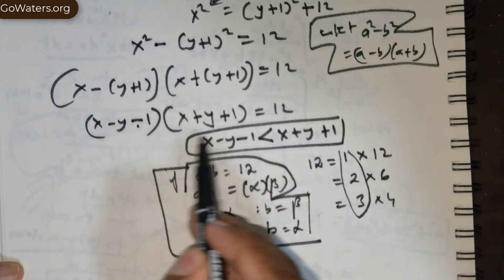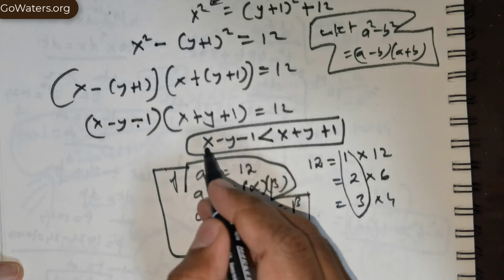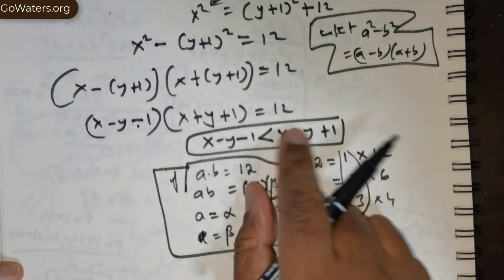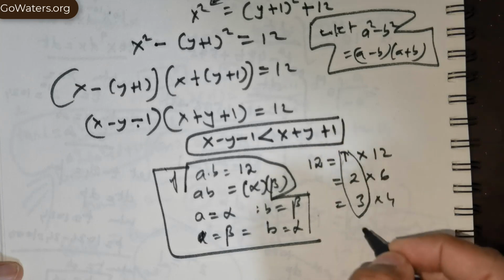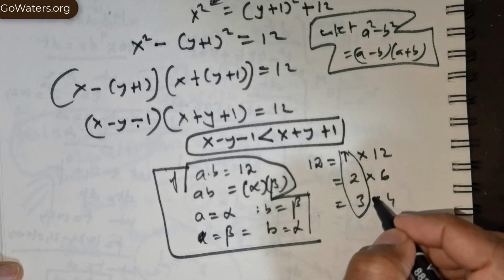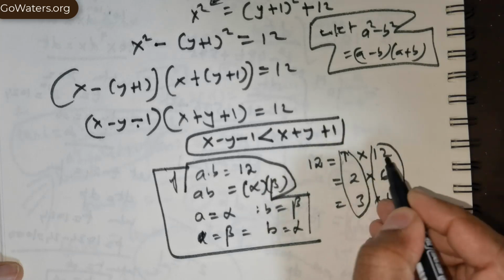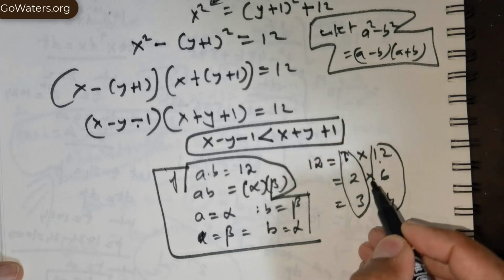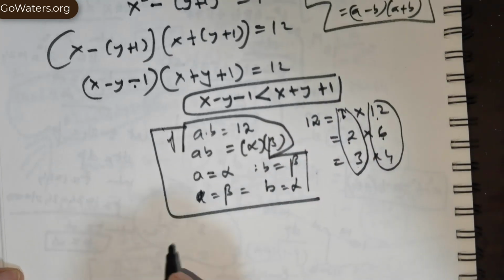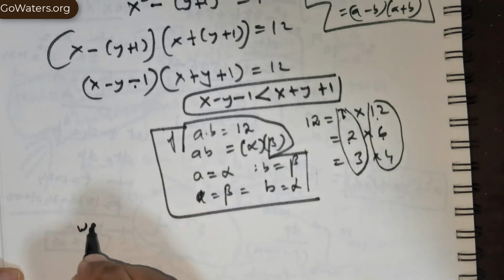But in this case, we can clearly observe that x − y − 1 is less than x + y + 1, and that is the reason I have put the lower values on the left hand side, with the higher values on the right hand side. So clearly 1 is less than 12, 2 is less than 6, and 3 is less than 4.